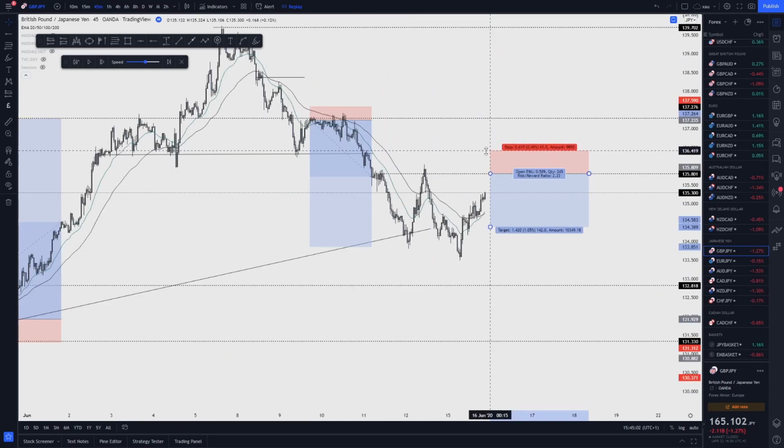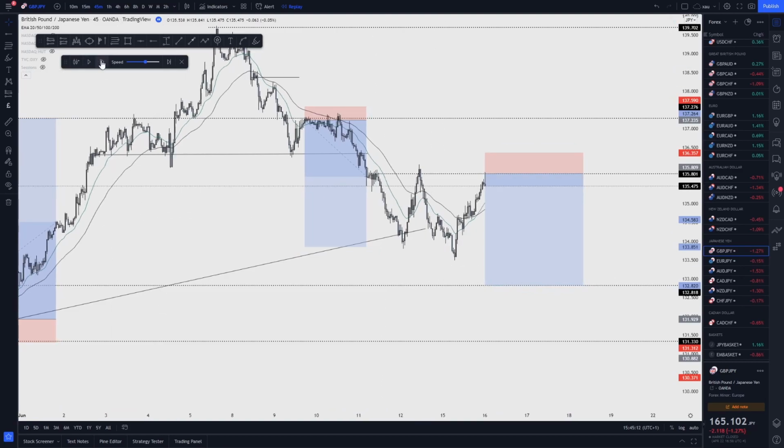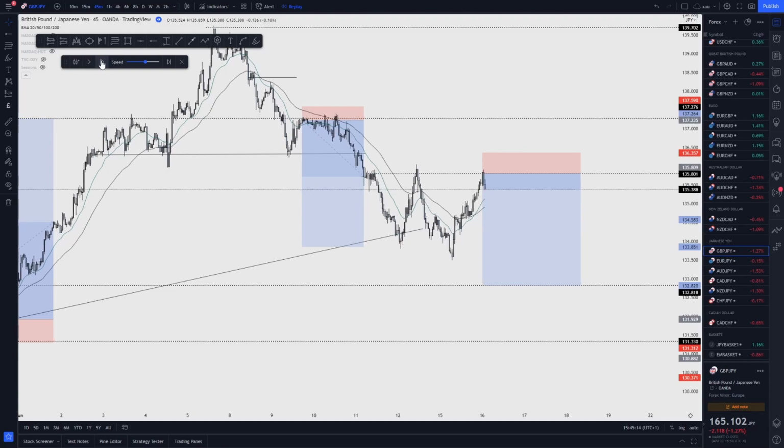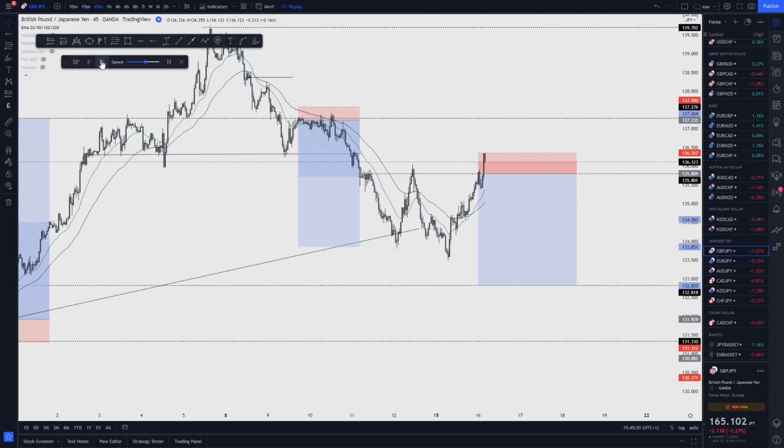So I took a little position here, and I felt it was a riskier one, but I saw the bias was still bearish. I was like, okay, cool, it could be a triple top type play. I still had the neckline as another level of resistance, but I got stopped out here. It is what it is.